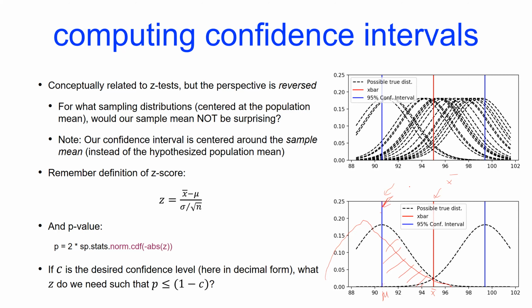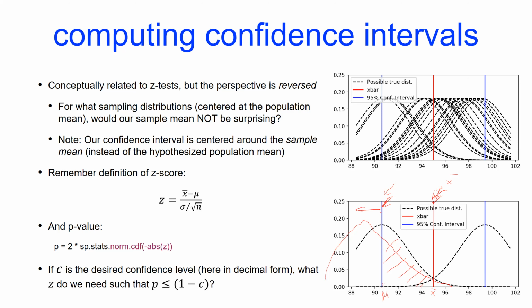Because we are moving this guy. This blue thing is what we want to compute. It's not fixed. This red guy is what we actually have. We get a sample and compute the sample mean, but from that sample mean, we want to see how far I can move left or right to create a confidence interval, right? So if I move this blue line further, then my red line becomes less and less likely, right?